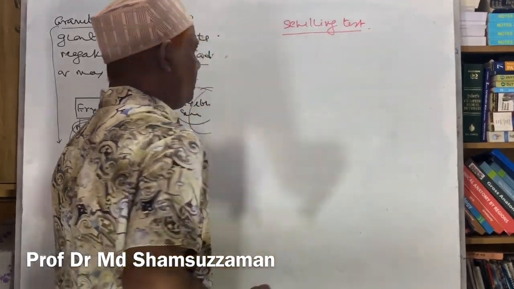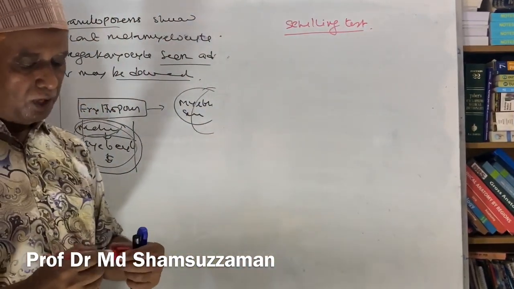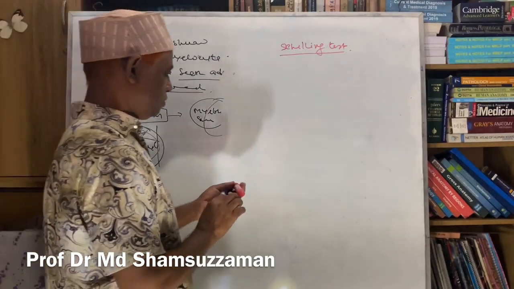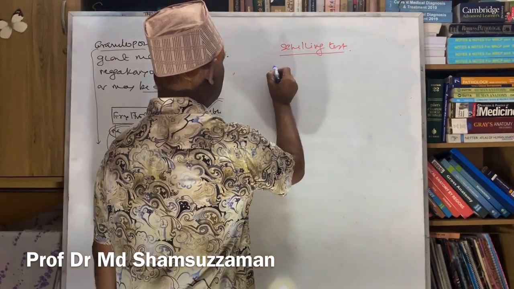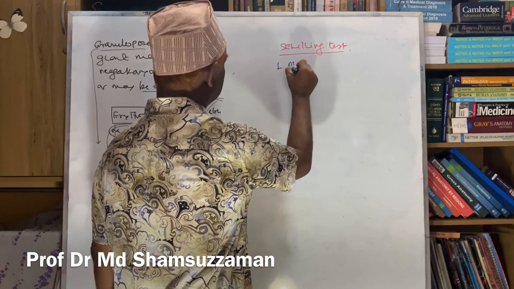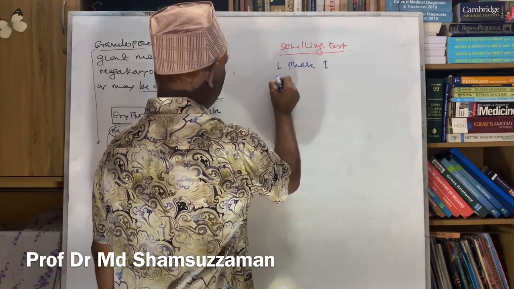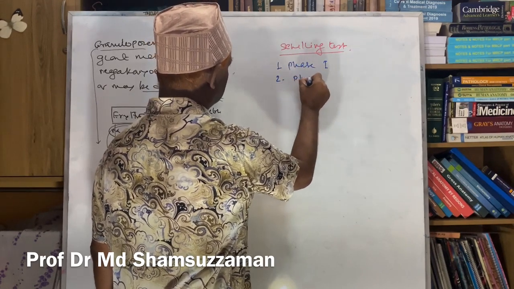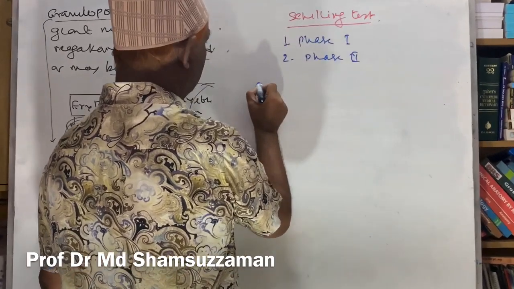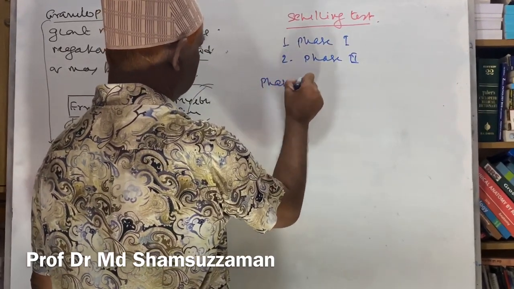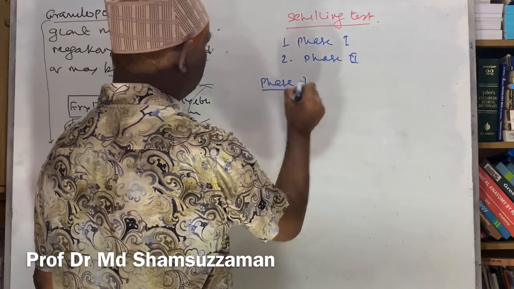Dear audience, there are two phases of the Schilling test: phase 1 and phase 2. Now come to the first phase. What do we do in phase 1?